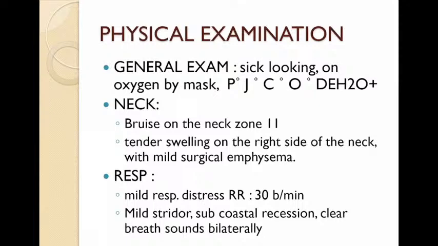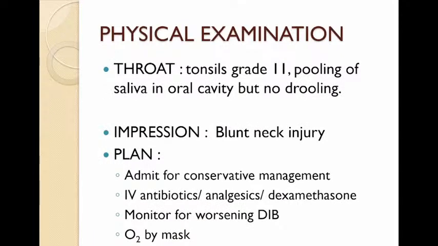Something has gone in and caused a problem, such that there's air leaking within the soft tissues of the neck. The patient was in mild respiratory distress with mild stridor. Subcostal recession was present, but there were clear breath sounds bilaterally. Throat examination was essentially normal. An impression of blunt neck injury was made.